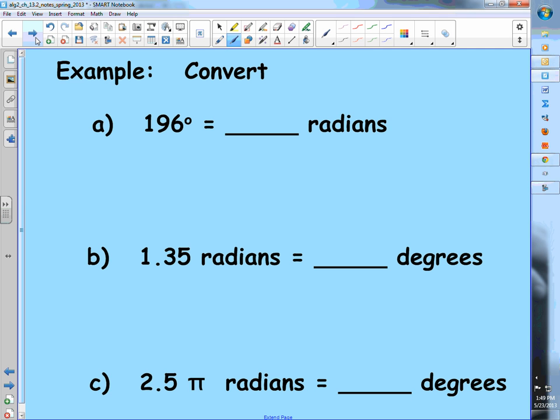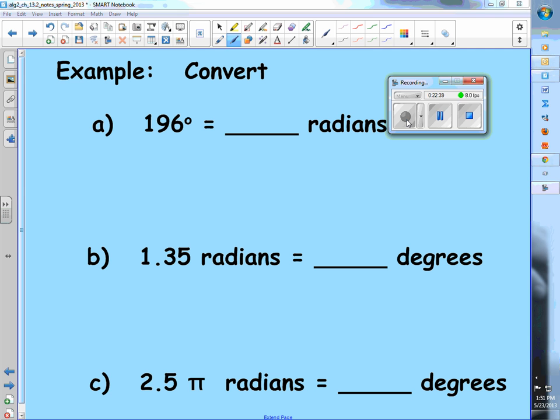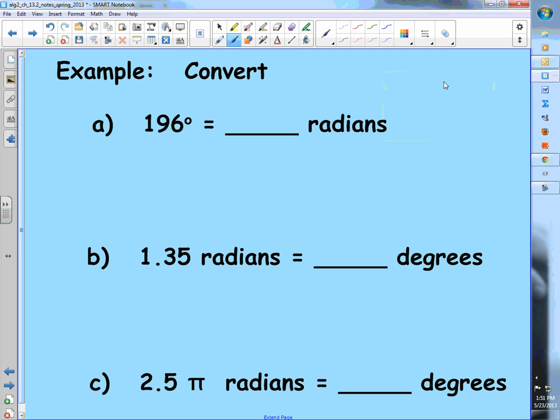See what you can do. All right, Parker, take me through the first one. You're converting degrees to radians, so you multiply 196 by pi over 180, and then I cross cancel to get 49 and 45.